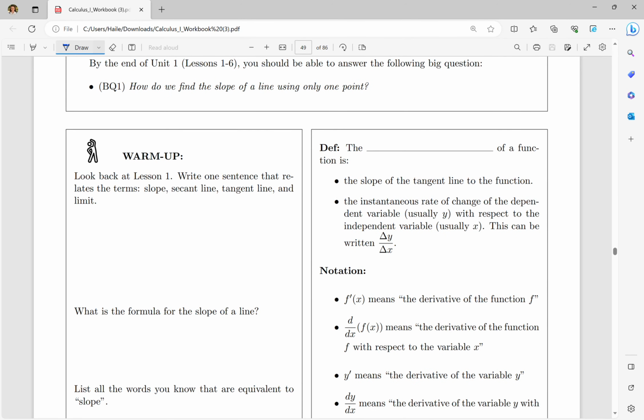Thinking back to lesson 1, let's write one sentence that relates the terms slope, secant line, tangent line, and limit. So we learned in lesson 1 that the limit of the slope of the secant line is the slope of the tangent line.